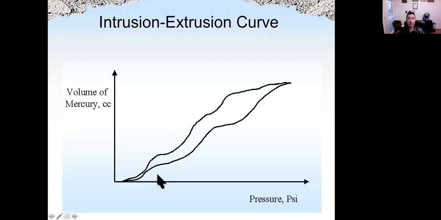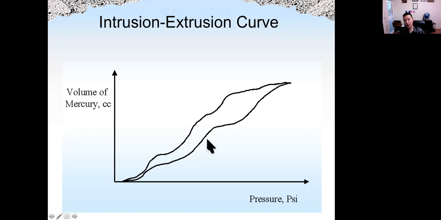Here shows the intrusion and the extrusion curve. The intrusion and extrusion curves do not overlap perfectly. The curve in the bottom is the intrusion curve, when we slowly increase the pressure.